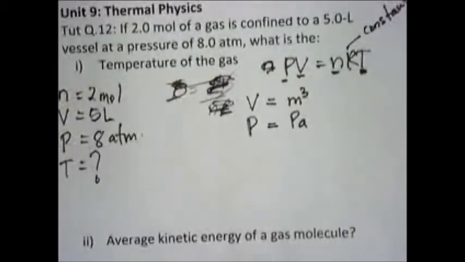Okay. So that is the trick in that question. If you straight away put those values into that formula and find your temperature, you'll get a wrong answer. What you need to do is convert those liters and atmosphere to pascals and meter cube.